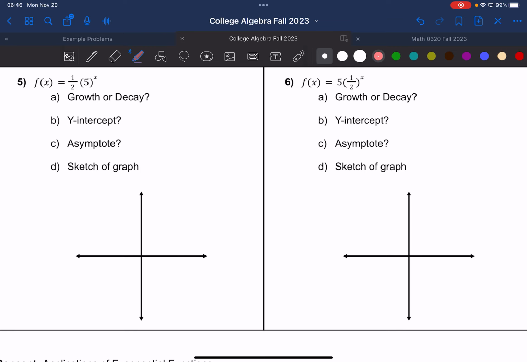So on the final, you'll have at least one of these questions where you just have to sketch the exponential function.